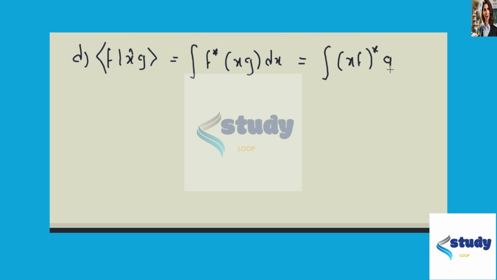This is true because x is real, x is just position, and that's why it equals x f inner product with g. That means x is a Hermitian operator.